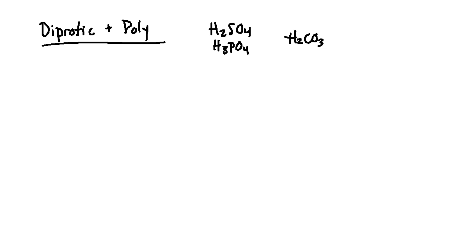And when you have more than one acidic proton, every acidic proton is going to have a Ka associated with it. So what you get into is a situation where you have multiple Kas, and you have to look at the equation for each specific one that you come across. So, for instance, let's take a look at carbonic acid.